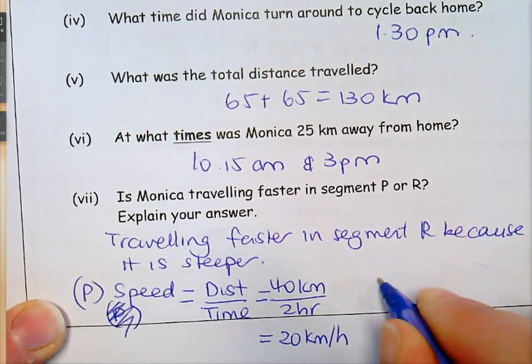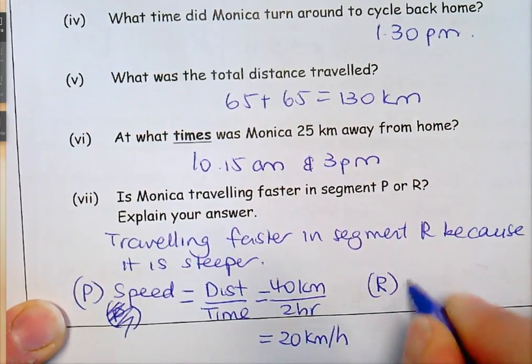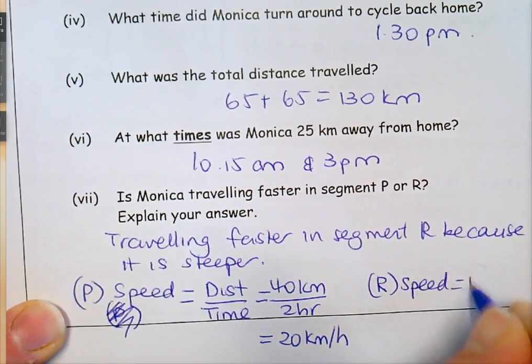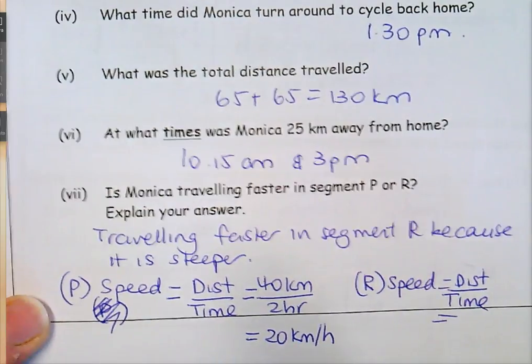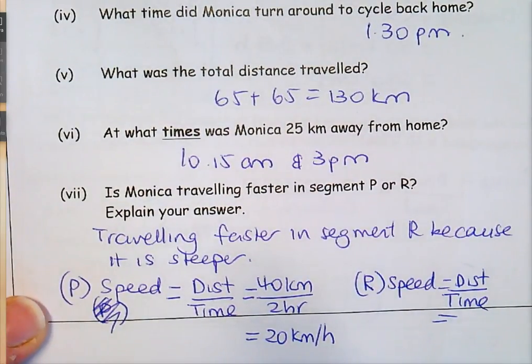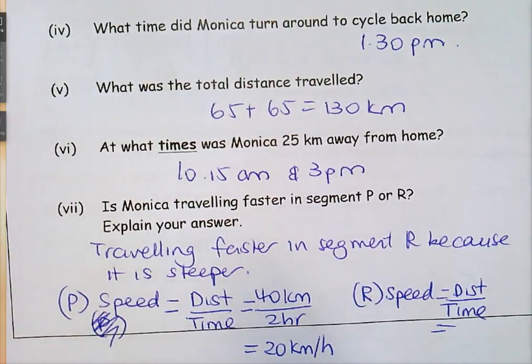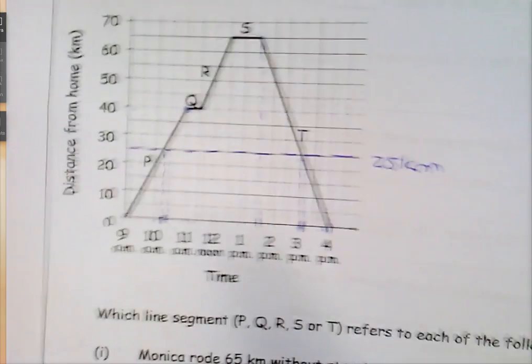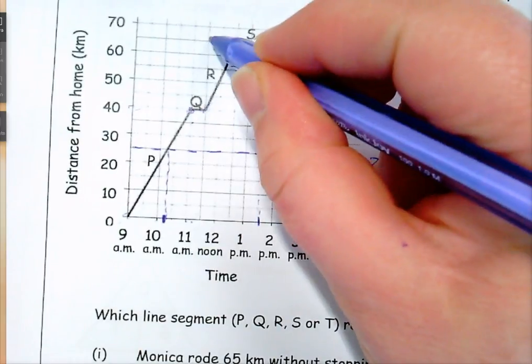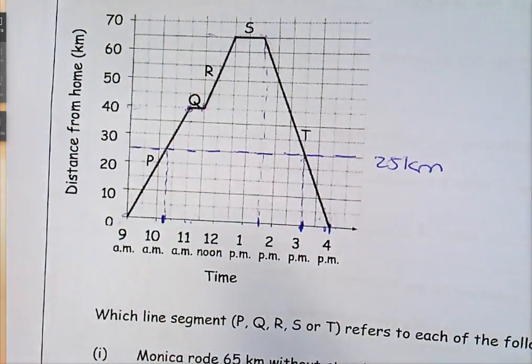Now I'm going to do the speed in section R. Again, I need the distance over the time. Can someone tell me the distance travelled in section R? Speed is distance over time. In section R, we're travelling from 40 to 65, which is 25 kilometres.